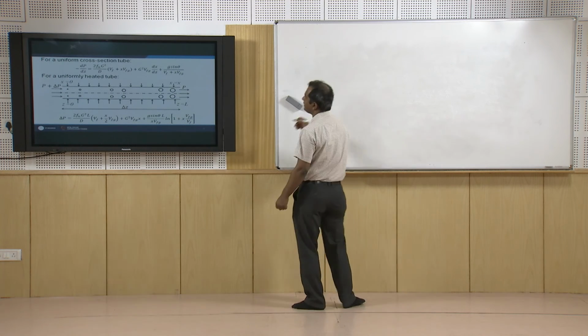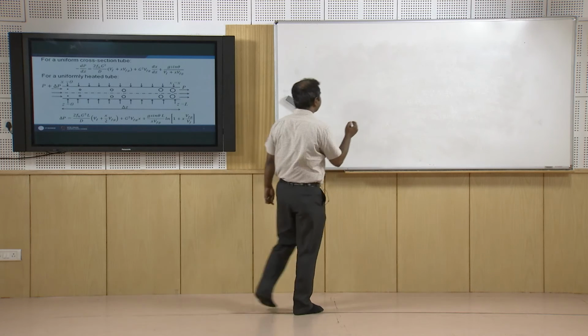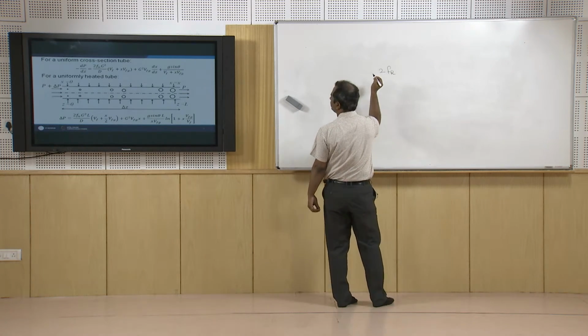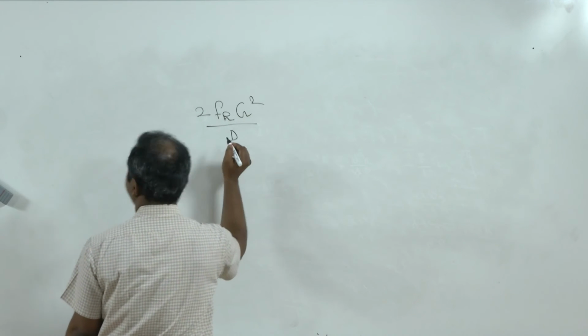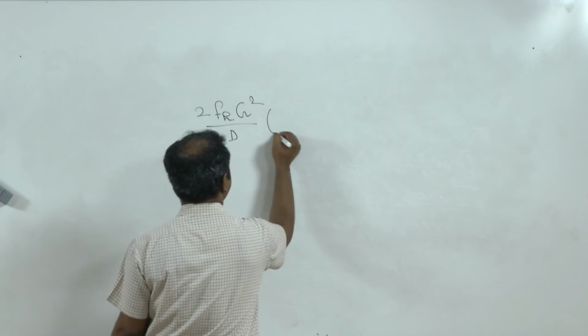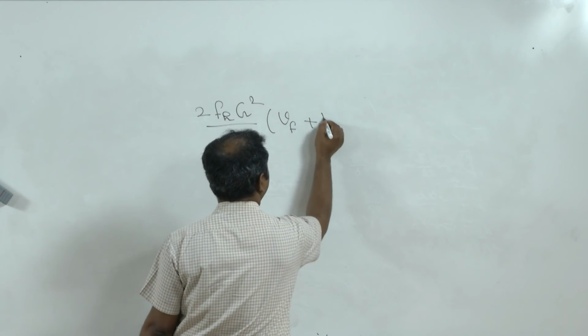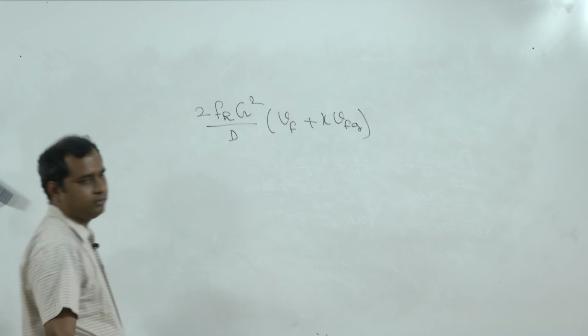First I will be taking the frictional part. So, we are having 2 Fh G square divided by d, and then Vf plus x into Vfg. So, this we have got as the frictional part. Okay.